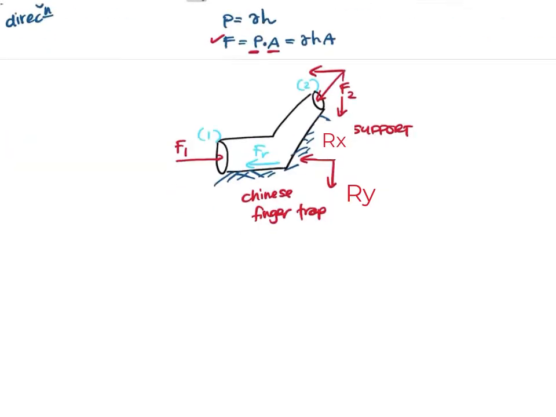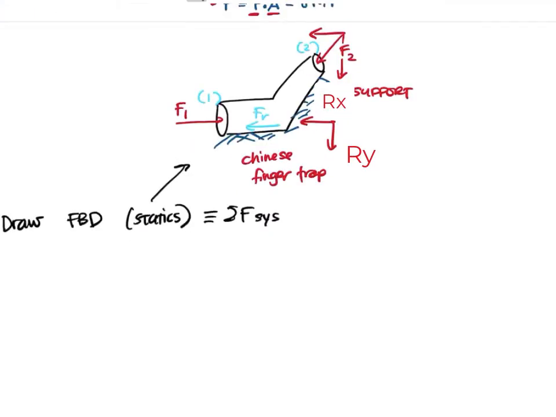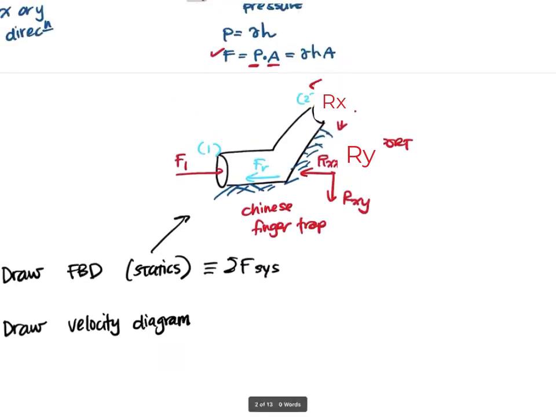Okay. Again, what I'm going to do for my systematic approach is I'm going to make sure we draw our free body diagram, right? So similar to what you did in statics, and that's to help with the sum of forces onto the system. Okay. And then I'm also going to draw what I call a velocity diagram, which is similar to this diagram here.